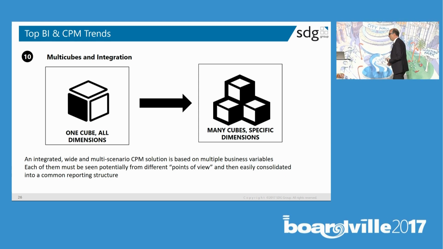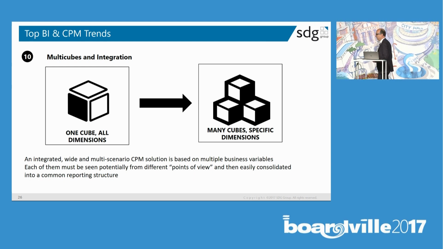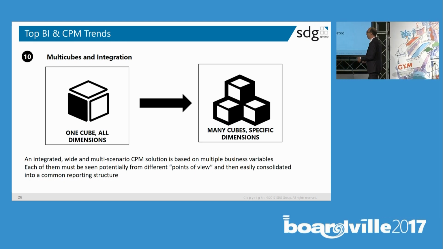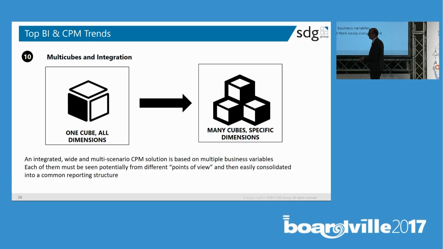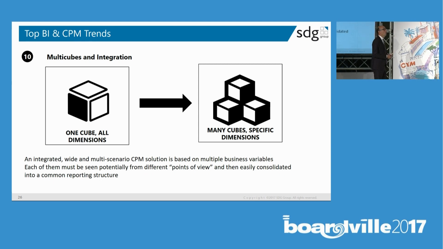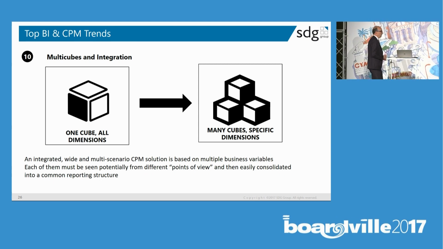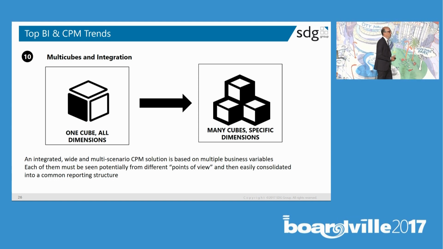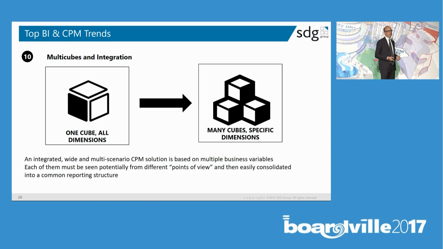But when we talk about integrated planning, we have a cube on sales, a cube on supply chain, cubes on delivery, a cube on P&L, and dimensions on balance sheet, of course, and the capability to manage a multi-cube solution is very important.